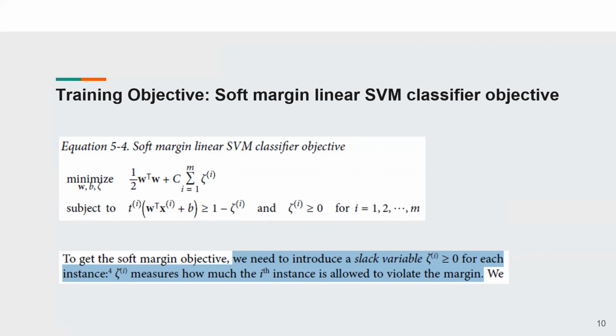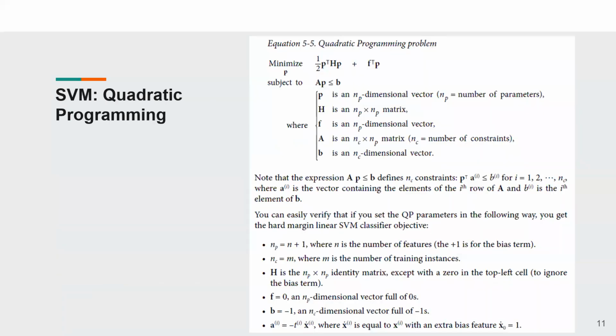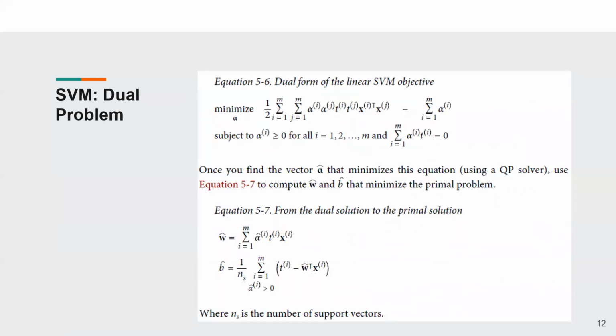And as I just mentioned, hard margin and soft margin both belong to this special family of optimization problems. It is a quadratic programming problem, and as you can imagine, the objective would be quadratic. For this type of problem, the only thing you need to know is that you can leverage the dual problem, because the dual problem is much easier to solve.